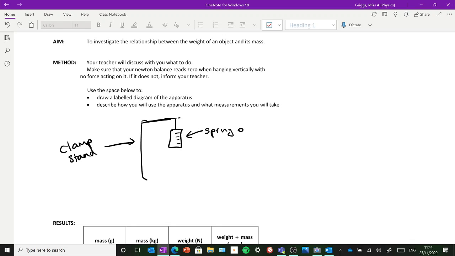Remember, it's the same thing. And slotted masses. They're called that because they slot into place.